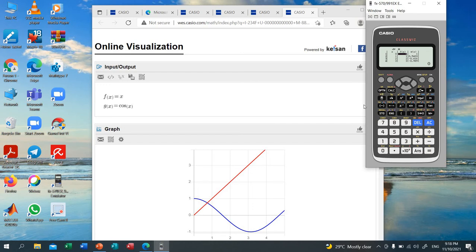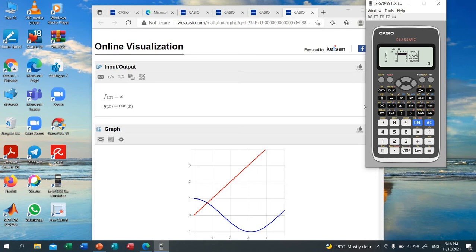The blue color is y equal to cos x, the red color is y equal to x. So from here you can read that the intersection of these two graphs gives you the root of the nonlinear equation x minus cos x equal to 0, which is roughly in the interval 0 to 1, because you can read here 0 to 1.